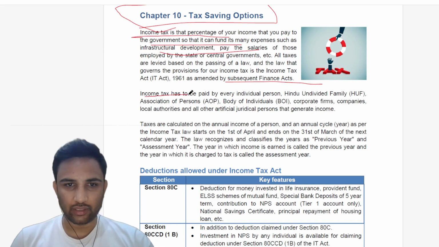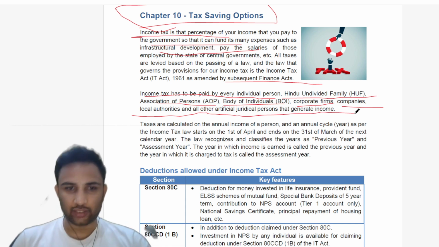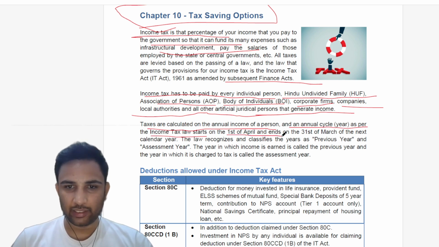Income tax has to be paid by every individual person, Hindu undivided family, that is HUF, association of persons, body of individuals, corporate firms, companies, local authorities, and all other artificial juridical persons that generate income. Taxes are calculated on the annual income of a person, and the annual cycle as per the income tax law starts on the 1st of April and ends on 31st of March of the next calendar year.